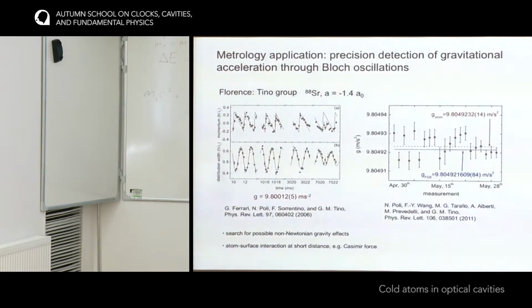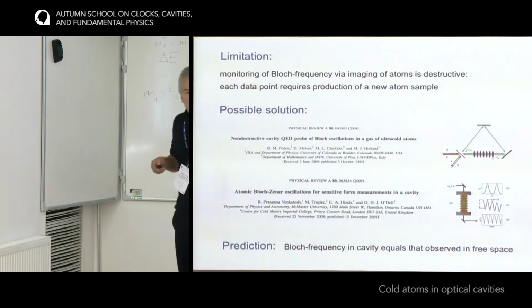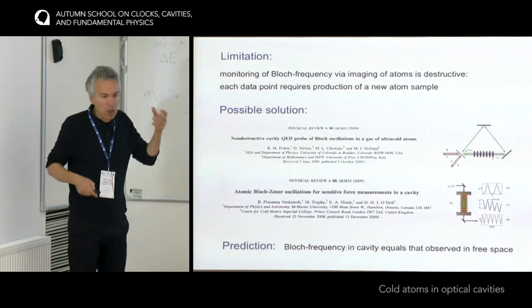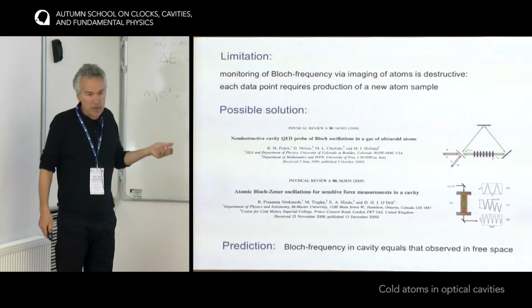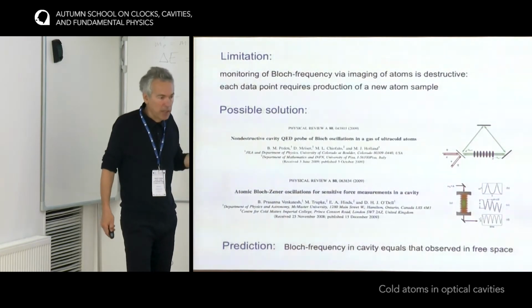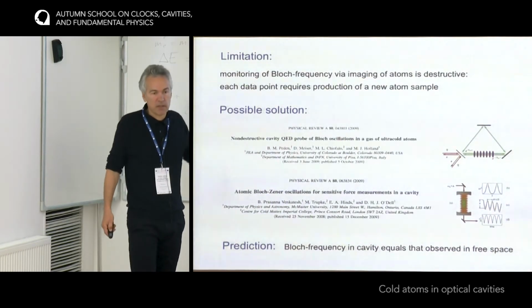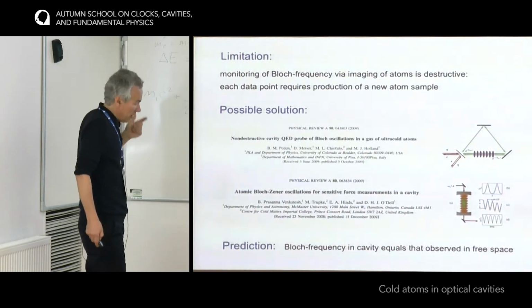So, yeah, in this experiment, there is a problem, and the problem is that if you measure your Bloch oscillation, it has been done destructively by doing time of flight expansion and destructively taking an image with resonant photons.